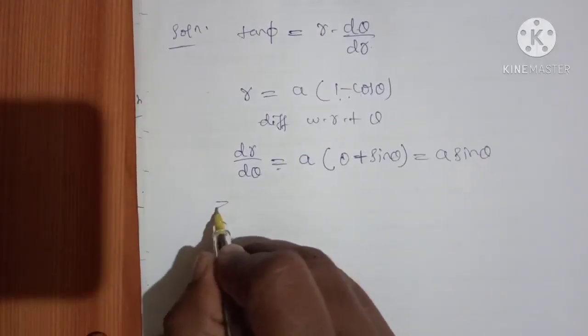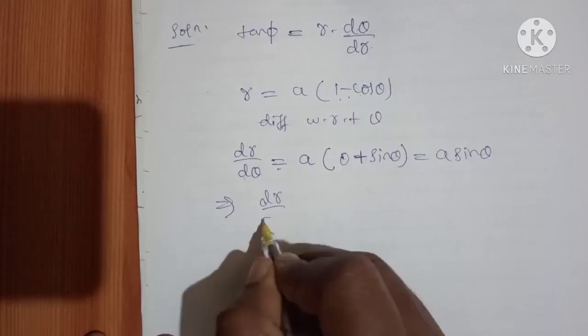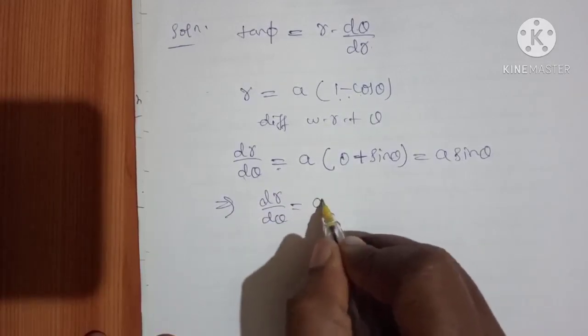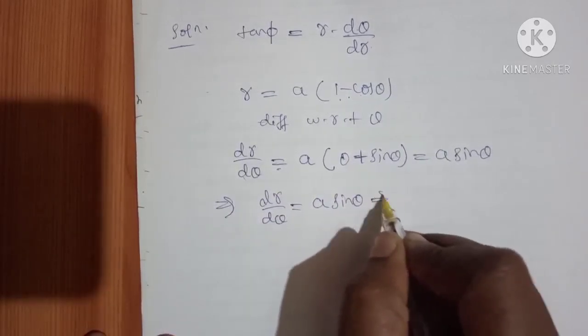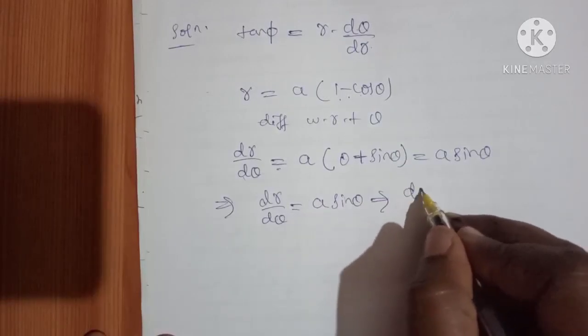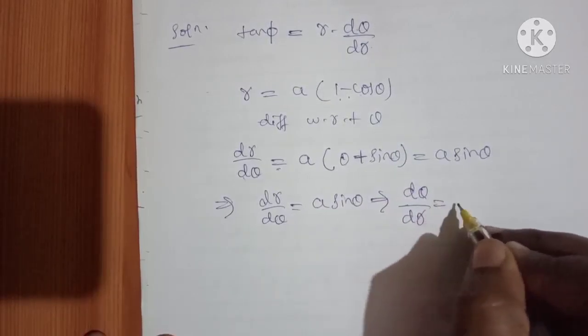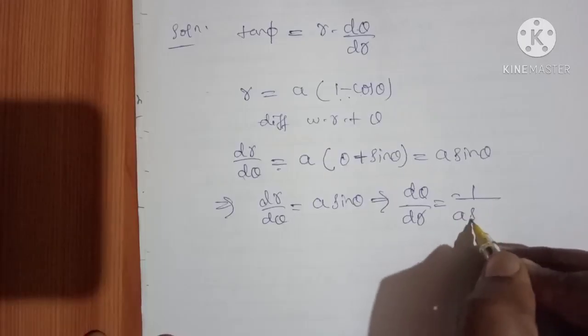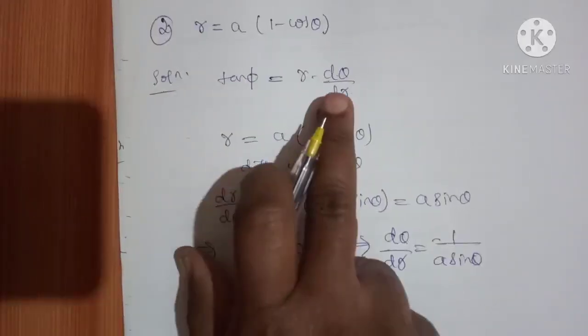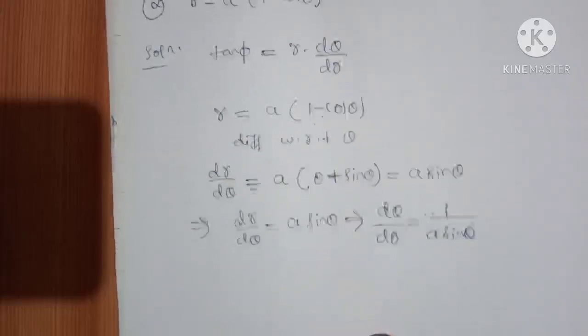Now dr by d theta is equal to a sin theta. So taking reciprocal, we get d theta by dr value is equal to 1 by a sin theta, because in the formula we need d theta divided by dr. Therefore we have to take the reciprocal.